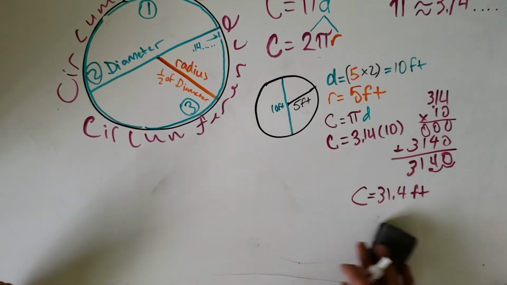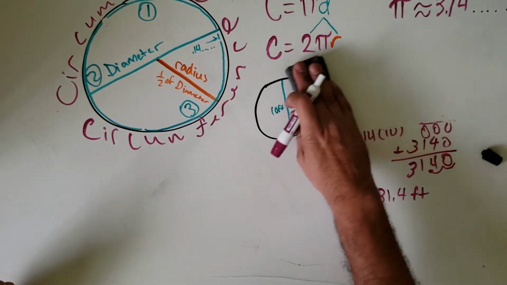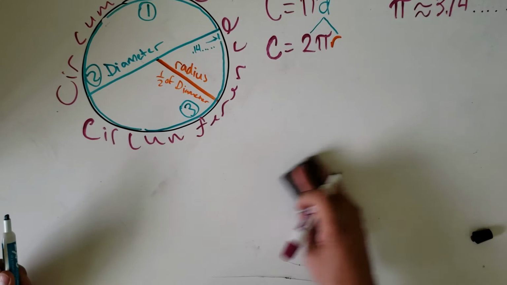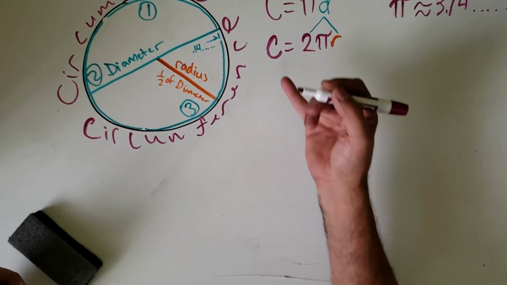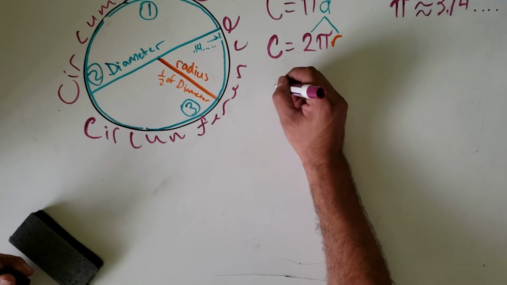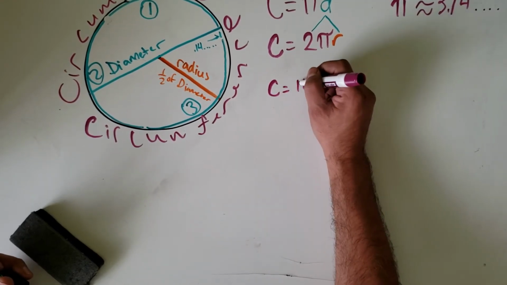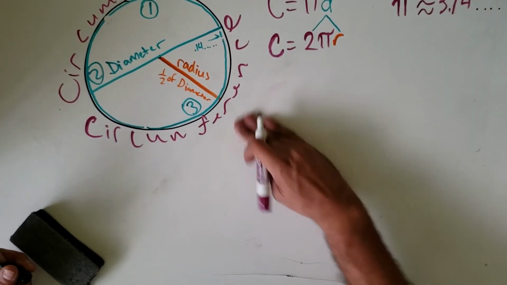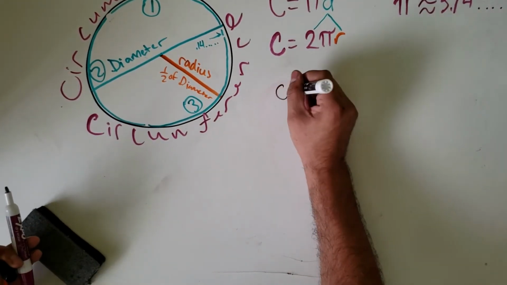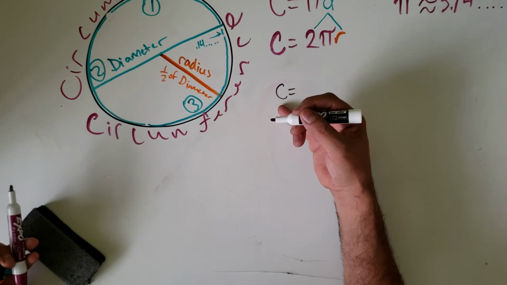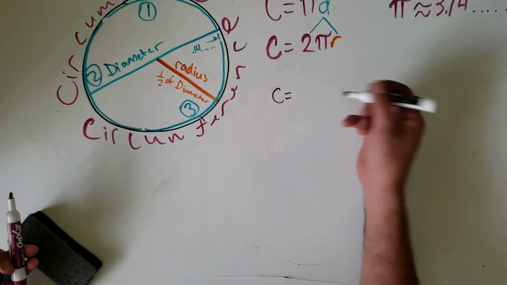Now, sometimes they are going to give you the circumference and you're going to have to find either the radius or the diameter. So you have to mess with these formulas. So let's take the first formula right here first. All right, let's go back to black. So to find, let's say I have the circumference and we have to find diameter.